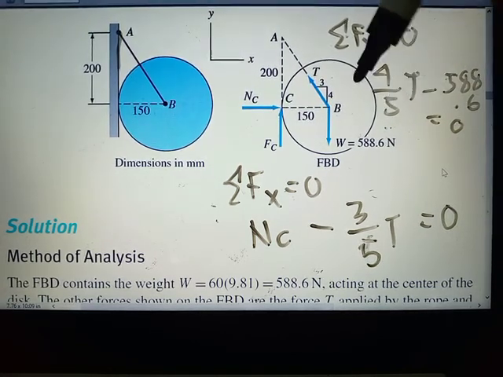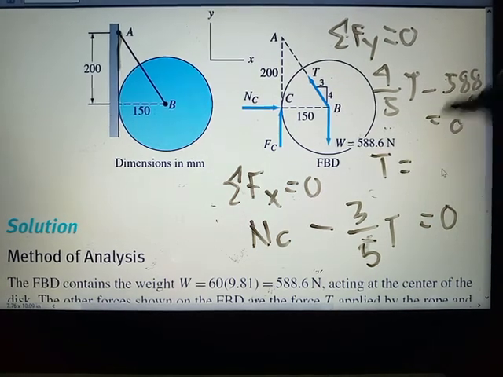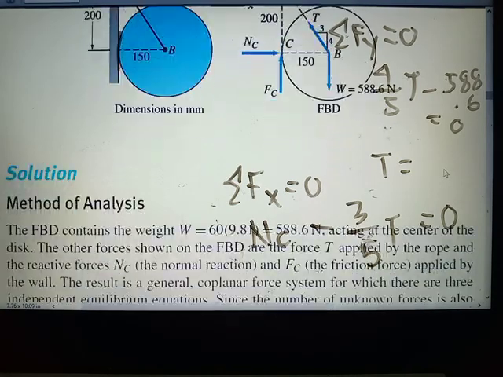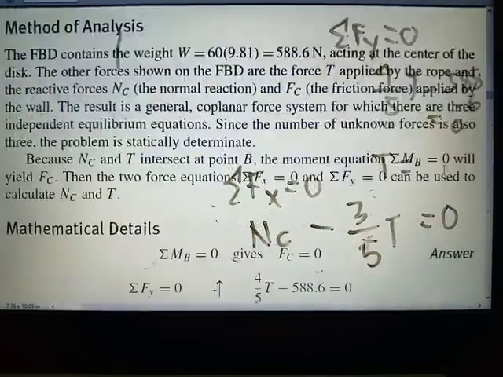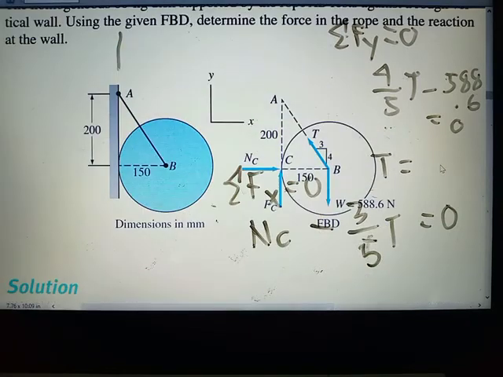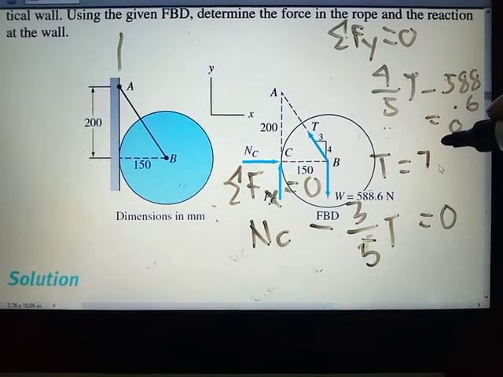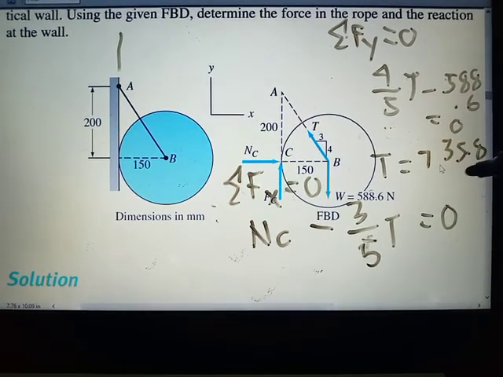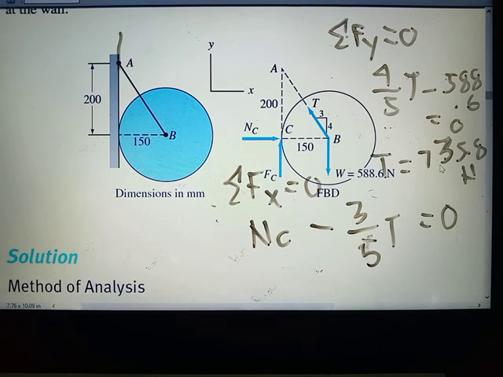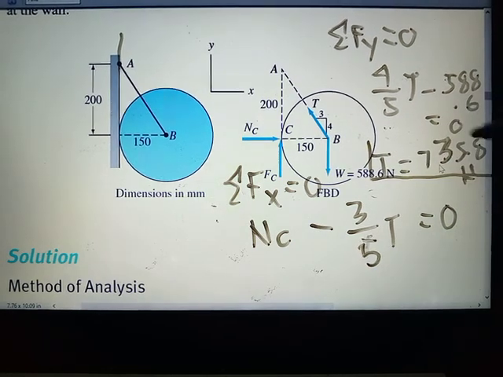This is the weight, 588.6. So the tension can be solved. The tension is 735.8 Newton. This is your answer.